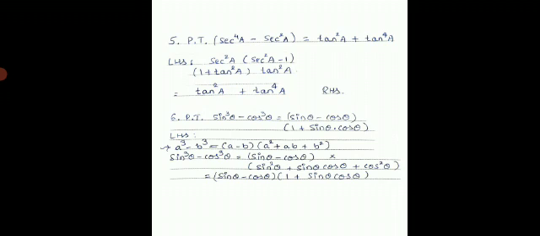Then a square is sin square of theta, plus a into b is nothing but sin theta into cos theta, plus b square is nothing but cos square of theta. Now keep sin theta minus cos theta as it is. Then in the second bracket we have the identity sin square of theta plus cos square of theta, which is nothing but 1. 1 plus sin of theta into cos of theta, which is the required answer.